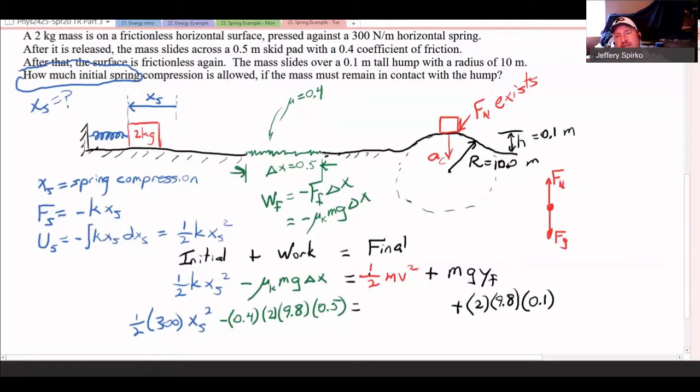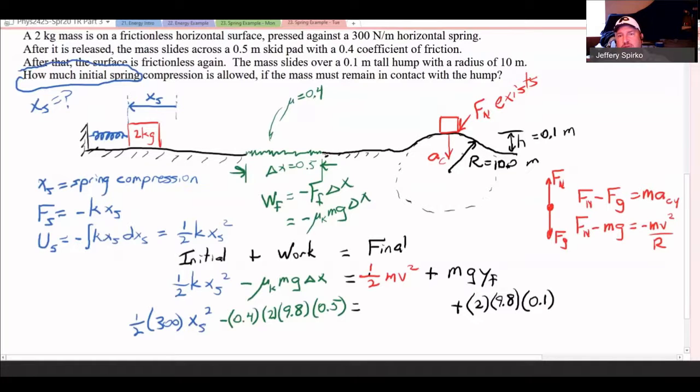So when we put those together, we get F sub n minus F sub g equals m a centripetal y component. So this will be F sub n minus mg equals minus mv squared over r.